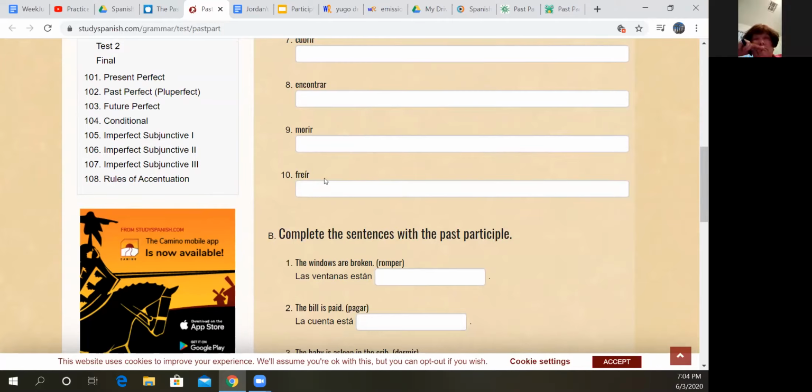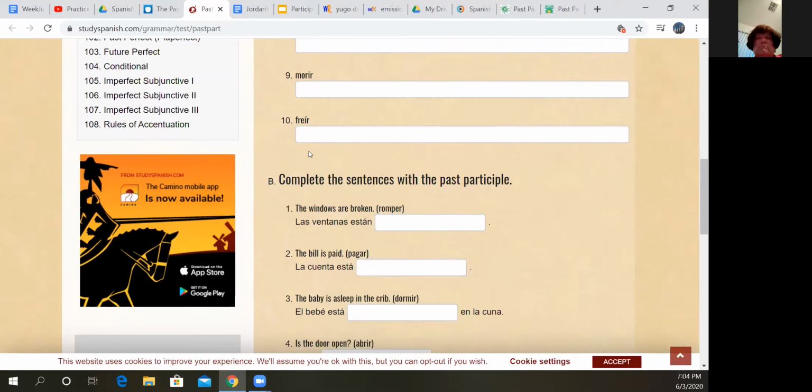Encontrado. And the last two, sadly, are irregular, so I'm going to give you those. Morir is not morido, it's muerto. Freír is frito. Frito es fácil de recordar. Frito is really easy to remember because we have that snack that's brand named Fritos, yeah? Frito, fried. Frito means fried.